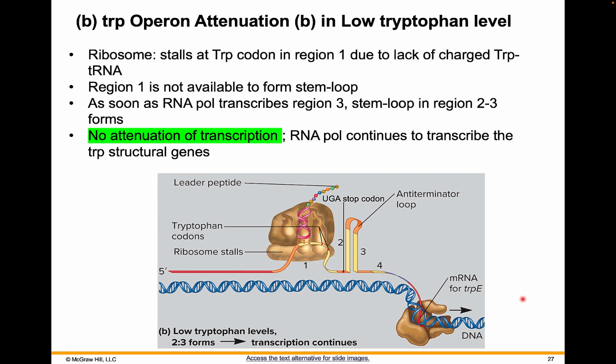So what are the different things that can happen? In this condition, let's see how attenuation can happen in a low tryptophan level. Low tryptophan level means that the RNA polymerase needs to transcribe all the trp operon genes to produce more tryptophan. So what is happening?